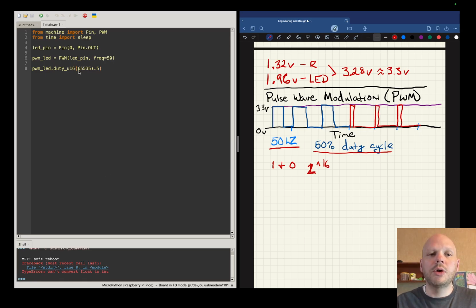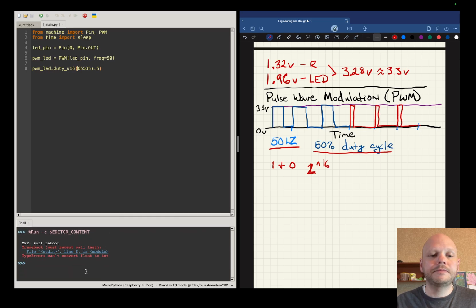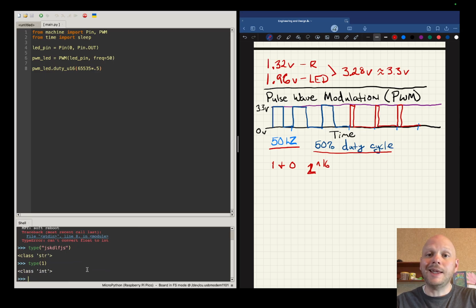So if you remember, let me jump down here in my REPL and I'll show you a couple of things. We have different types in MicroPython. The type of anything in quotation marks is a str, a string. The type of an integer, a whole number, is an int, again positive or negative.